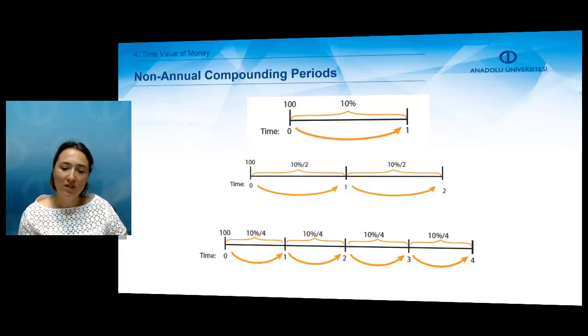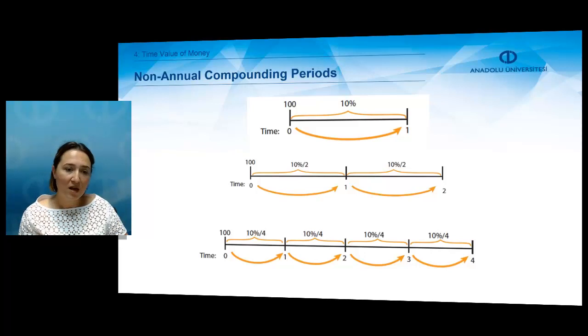In our calculations, we have to deal with that situation by adjusting the interest rate. If our periods are 6 months, then we have to use the 6 months interest rate.